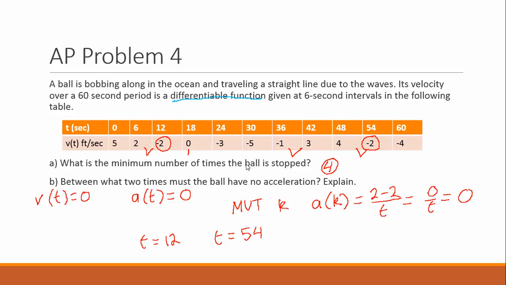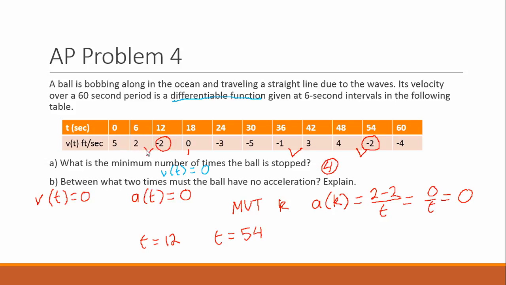What is the minimum number of times the ball is stopped? So once again, remember, the ball stopping must mean v of t is equal to 0. We're already talking about v of t, so we're going to be using that theorem we just learned, the intermediate value theorem, the one before the mean value theorem. So again, we're just looking to see where it goes from positive to negative or negative to positive. So 5 and 2, both positive, that's not going to help us. 2 and negative 2.